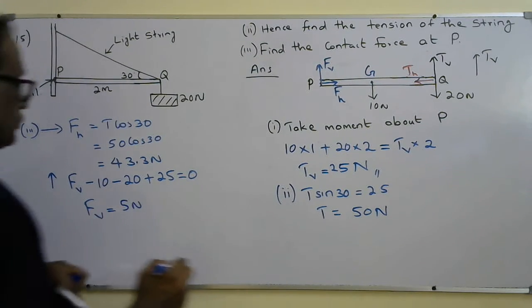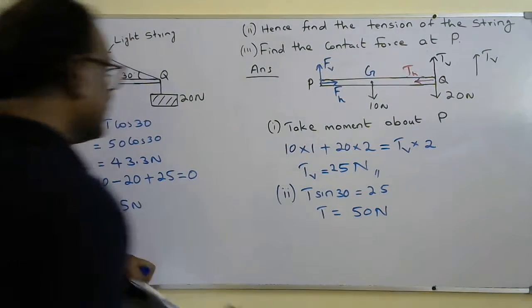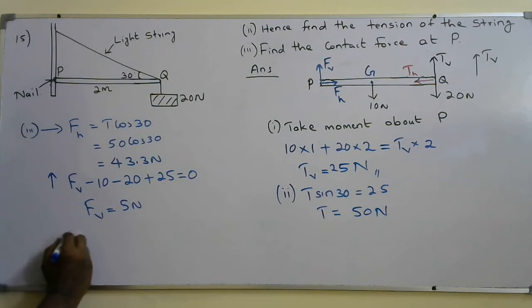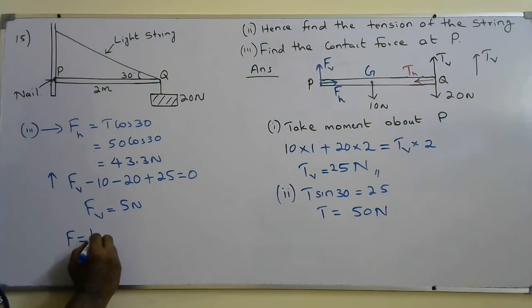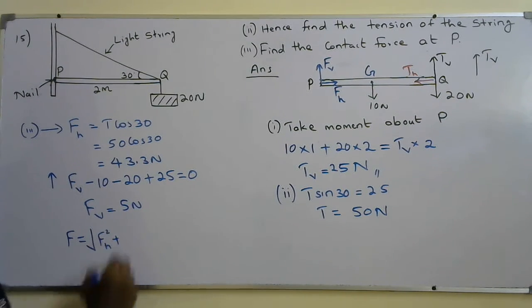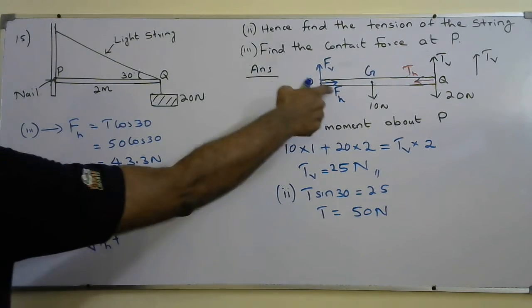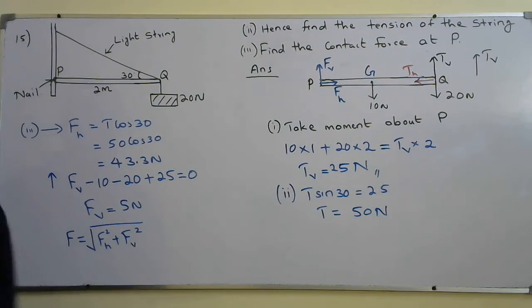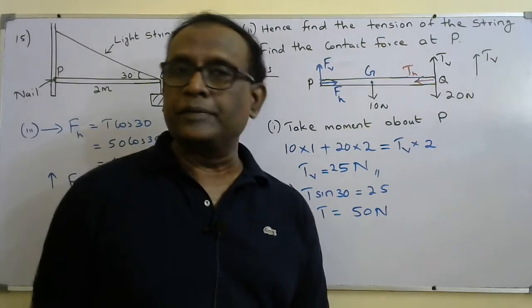So what's actually the value of the resultant force here? Horizontally 43.3, vertically 5 Newton. So F is equal to the square root of FH squared, the horizontal component of the force, plus the vertical component squared. I can use the Pythagoras theorem because FV and FH are perpendicular.